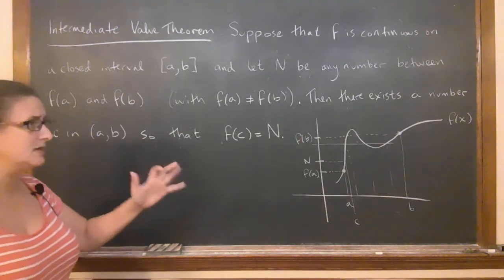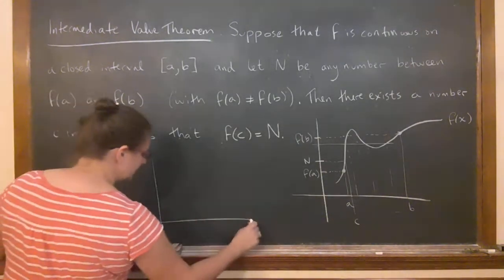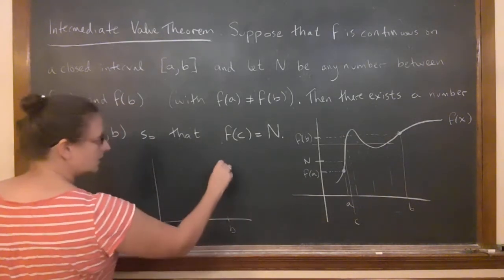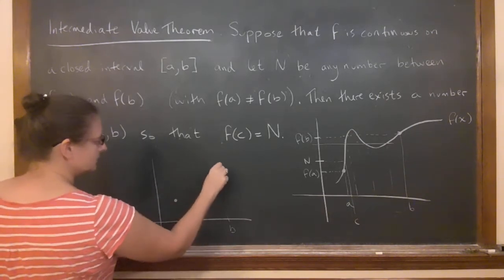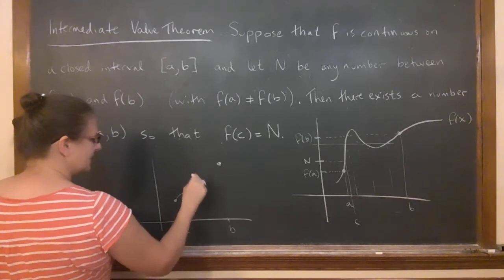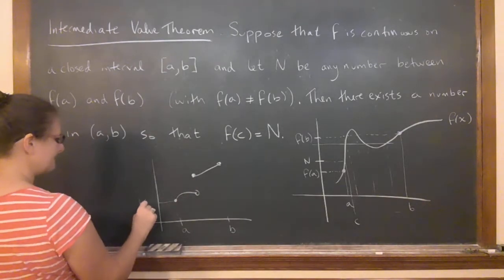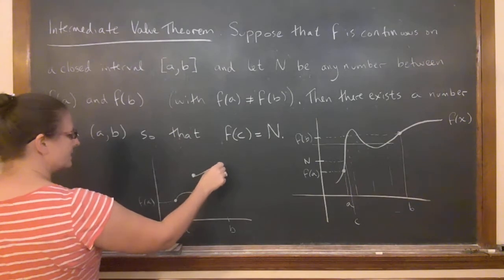You can see this isn't going to be true if I have a function that is not continuous. I'm going to try to draw like this. Well, see if I took something like this, I cannot find a c for every value of n, right?